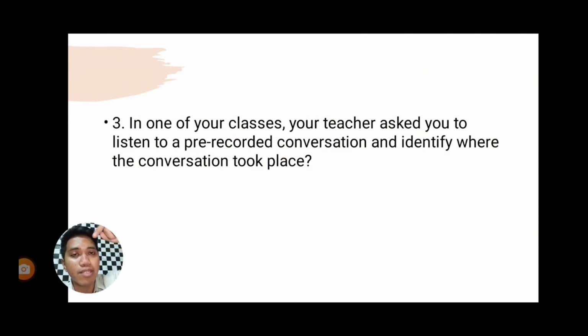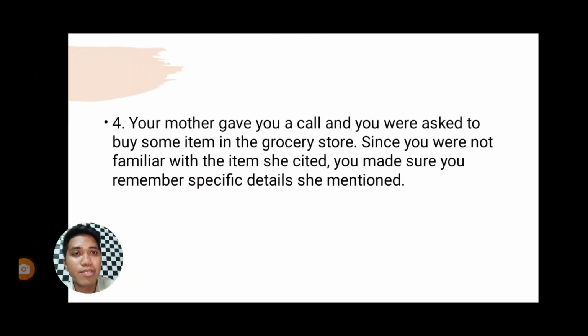And I'll check that one in the comment section. Number 4, your mother gave you a call and you were asked to buy some items in the grocery store. Since you were not familiar with the item she cited, you made sure you remember specific details she mentioned. What is that? Is it bottom up or top down?